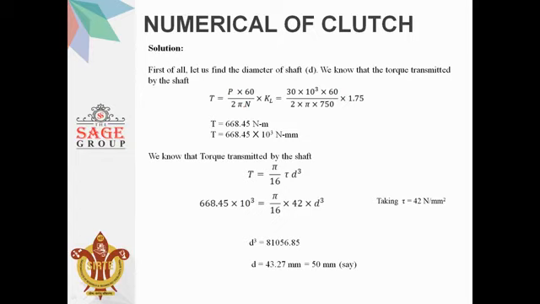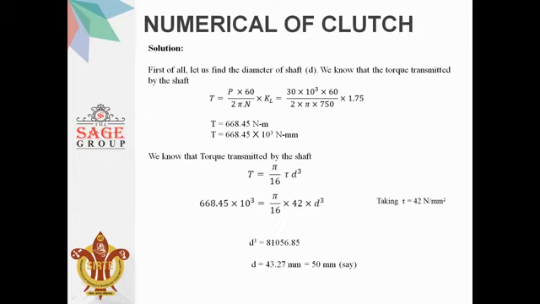Let's put the values: 30 into 10 to the power 3 into 60 upon 2 into pi into 750, whole multiplied by 1.75. When we solve this, we get T is equal to 668.45 Newton meter, or 668.45 into 10 to the power 3 Newton mm. This is the torque transmitted by the shaft.